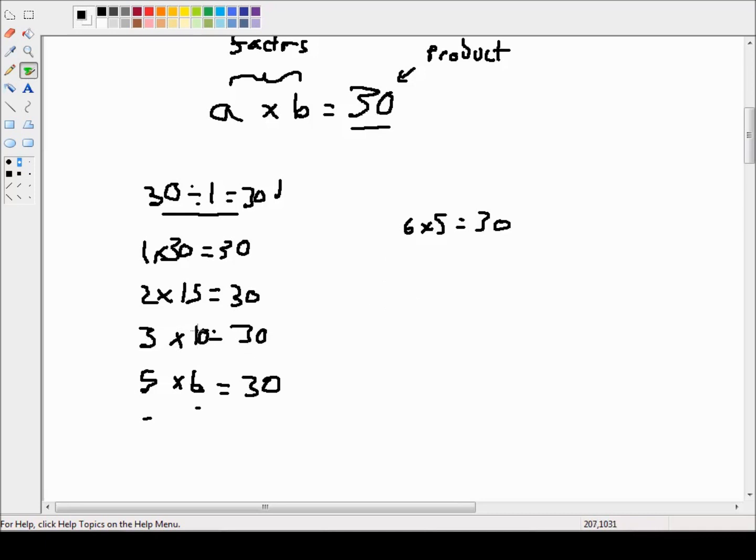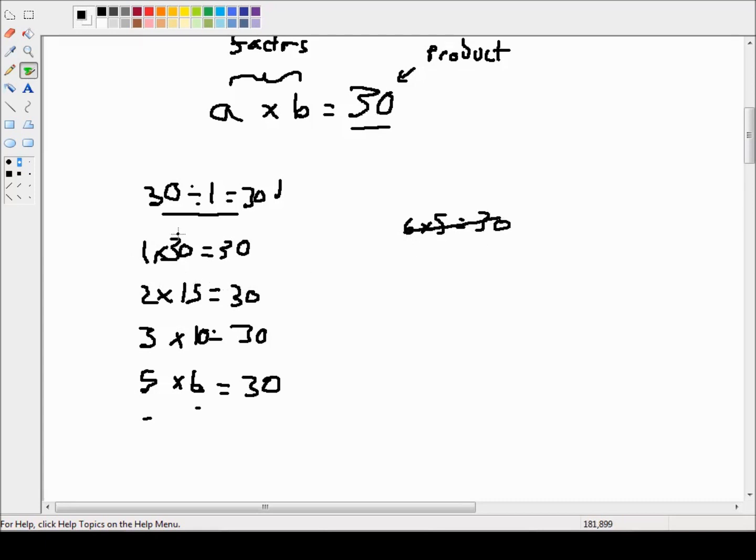And there can't be anything between 10 and 15, otherwise there would have been a whole number between 2 and 3. And there can't be a factor between 15 and 30, otherwise there would have been a factor between 1 and 2. And there aren't any whole numbers between 1 and 2. So we don't even need to consider this.